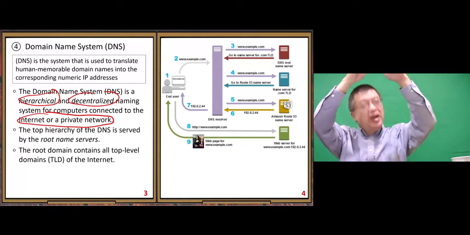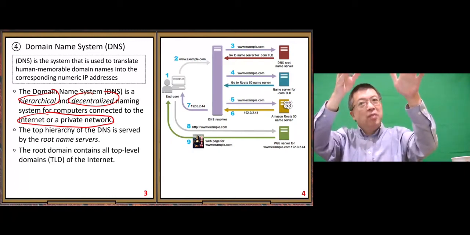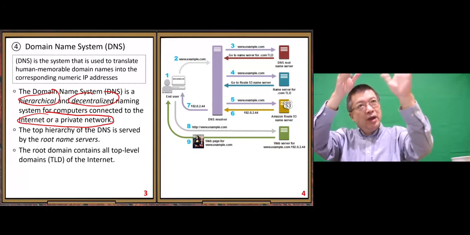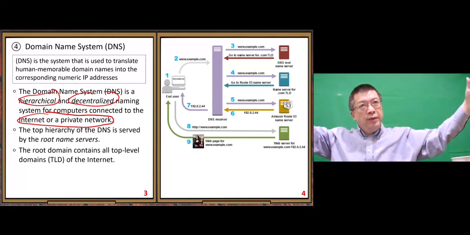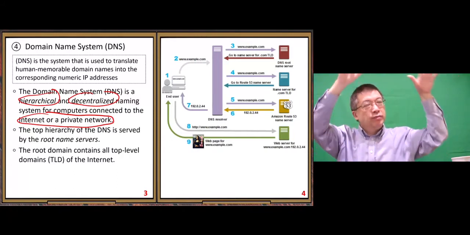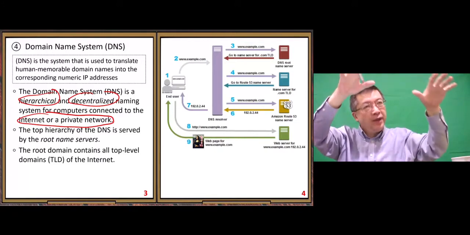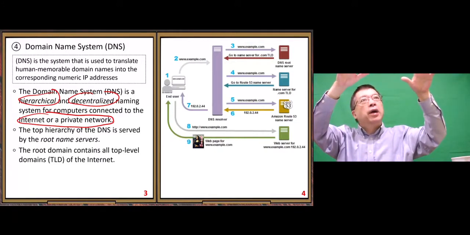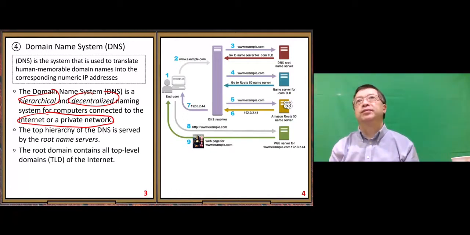Because of the tree-like structure, you start from the root, top level. But not just one root, remember, for the whole domain name system there are something like 13 root name servers in the world.